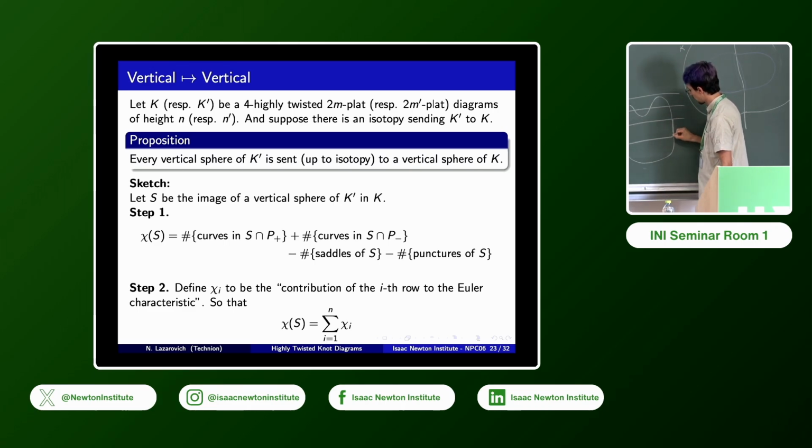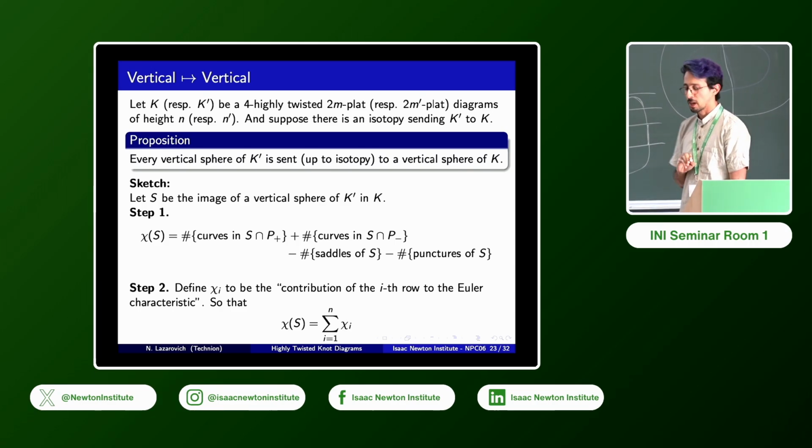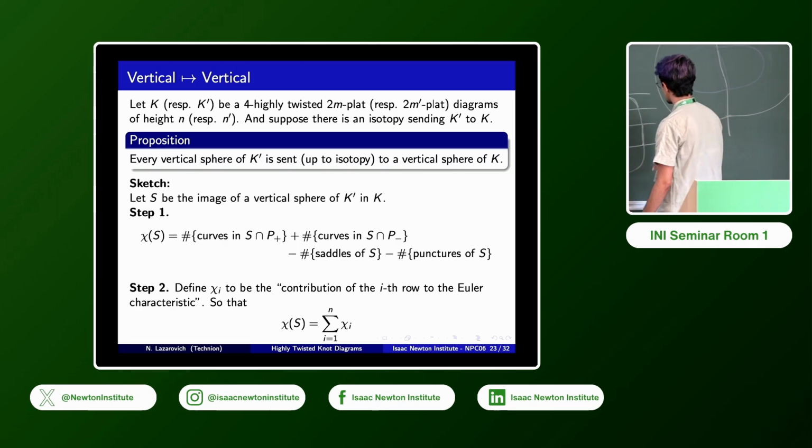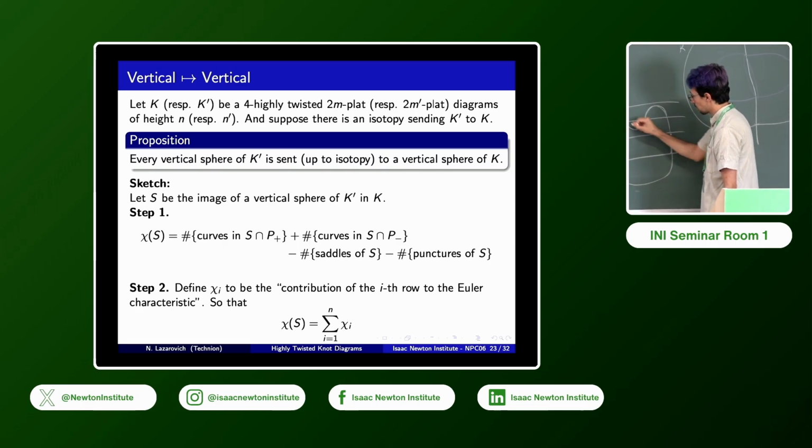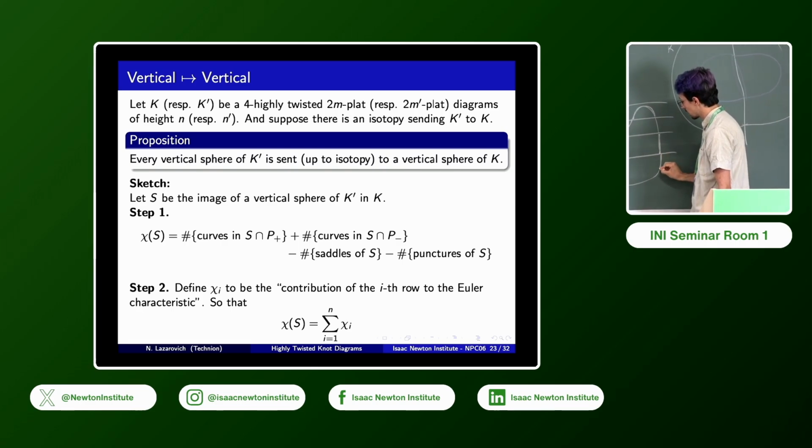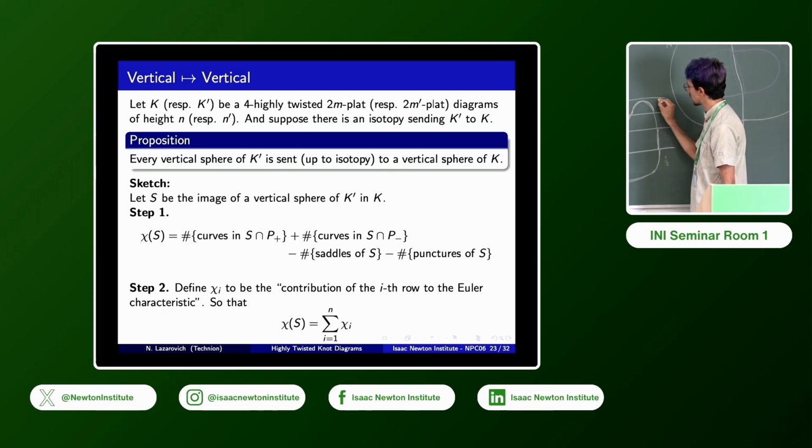They're either going across the layers, or maybe they're doing a little U-turn. So how do I count how many curves? Instead of counting the curve as 1, I'll count the arc that gets the minimum as 1/2, and the arc that gets the maximum as 1/2. And all others will get 0.